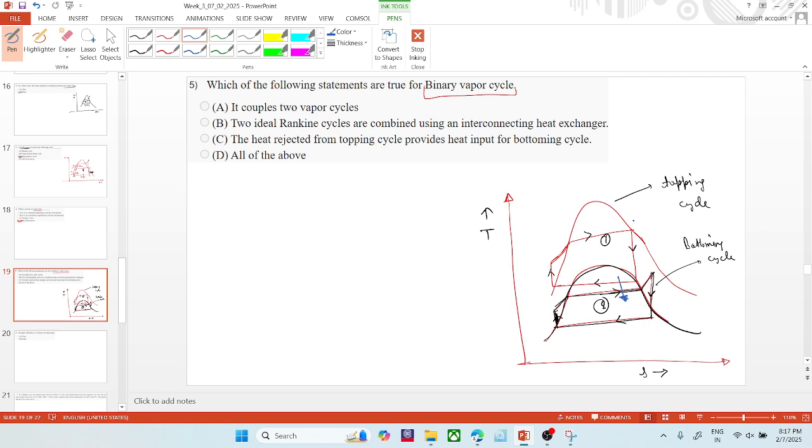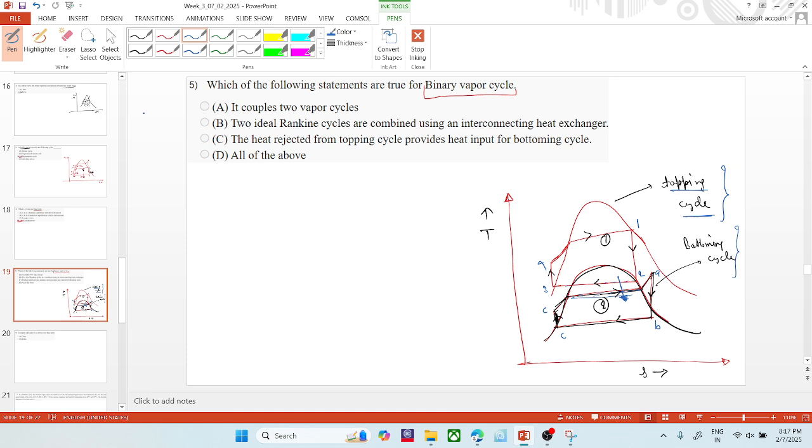Let's say this cycle is 1, 2, 3, 4. The other cycle is A, B, C, D. So the condenser for the topping cycle acts as the boiler for the bottoming cycle. Like this we can utilize the heat rejected in this high pressure, high temperature cycle, and the heat rejected would be supplied to the bottoming cycle.